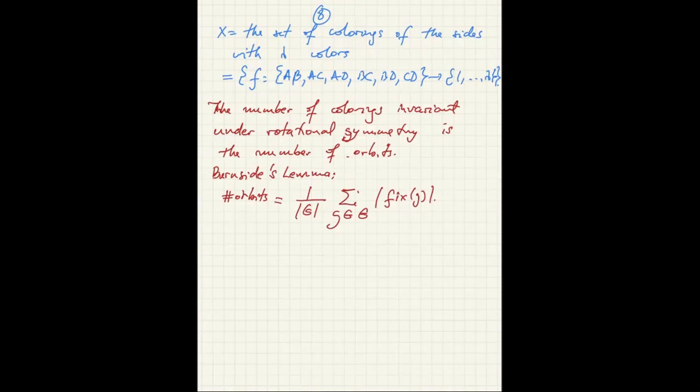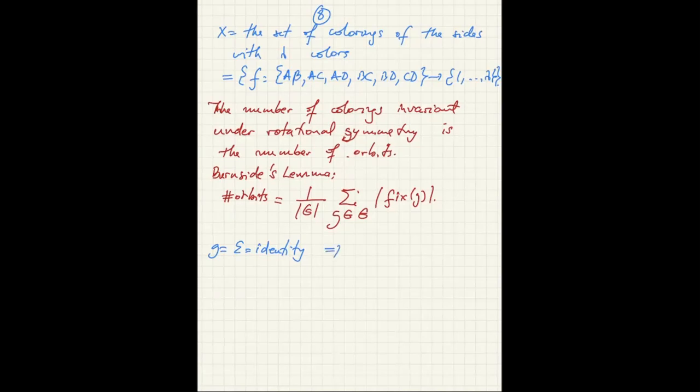So let's start with g the identity. Then in this case, every coloring is essentially fixed by g, because yeah, the identity fixes everything.